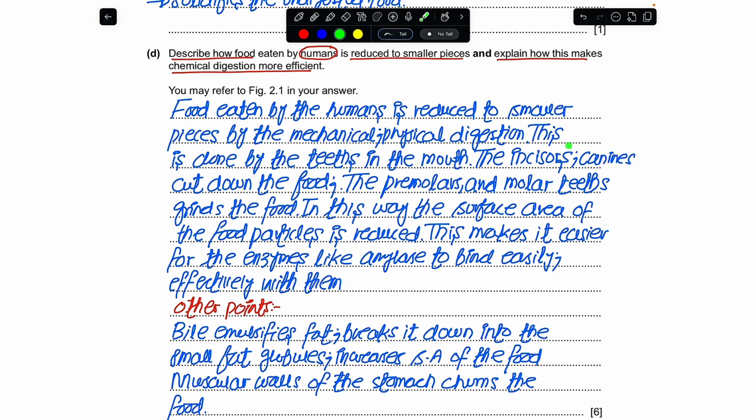The incisors and the canines cut the food. The premolars and the molar teeth grind or crush the food. In that way, once they are converted into smaller pieces, the surface area of the food particles is increased, not reduced. And this makes it easier for enzymes like amylase, since I'm talking in the context of the mouth, to bind easily and effectively with them.